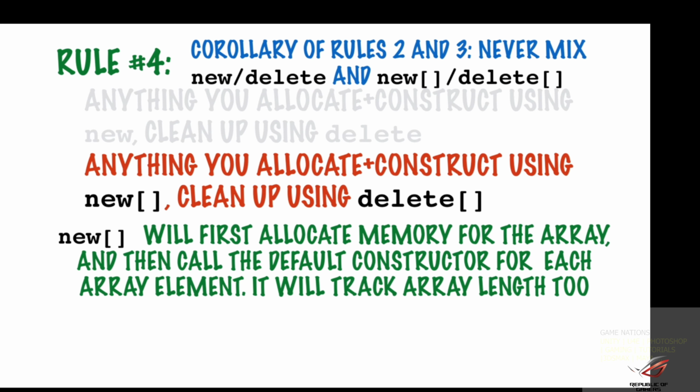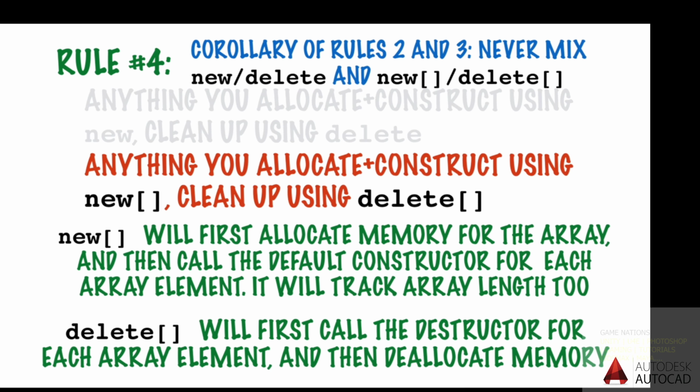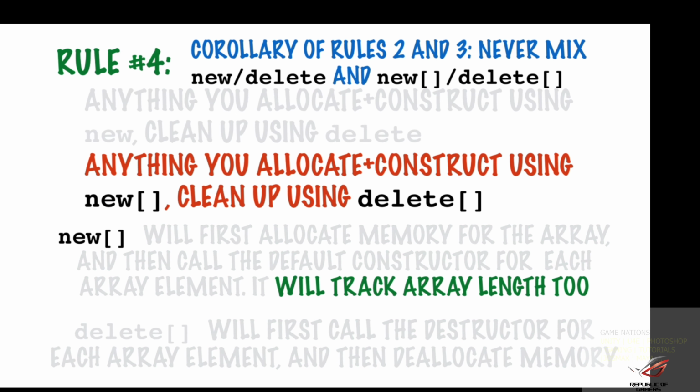Once memory for the array is allocated, it calls the default constructor for each array element. It knows and tracks the length of the array and calls the default constructor for each array element. Delete does the exact opposite. It will first call the destructor so that every element in the array has its destructor called, and then deallocate the memory for the array itself. So remember that new tracks the array length.